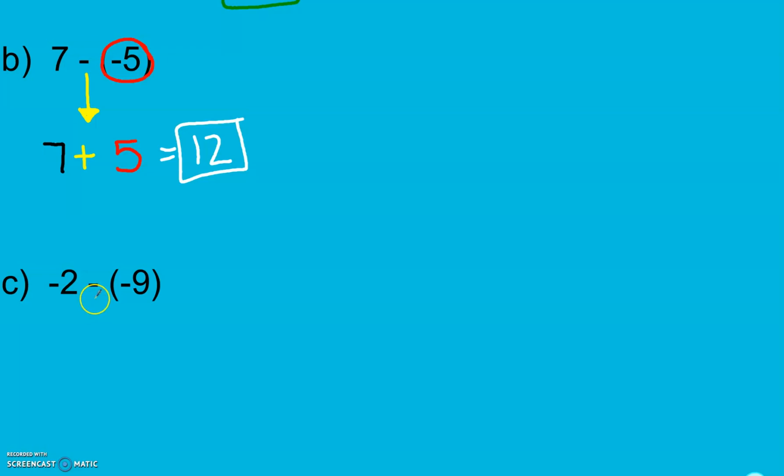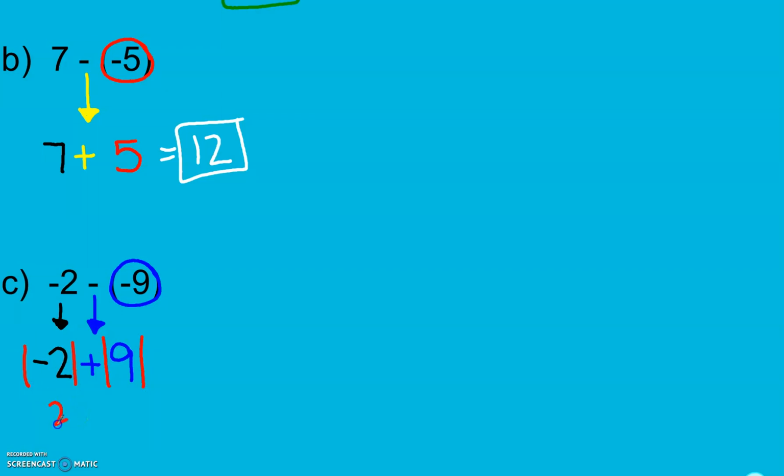And in C, I'm going to change from subtraction to adding and take the opposite of what follows. Instead of a negative 9, I'm going to have a positive 9. And I keep my first number exactly as it's written. So I have negative 2 plus 9. Here we add just like we did in section 1.5.